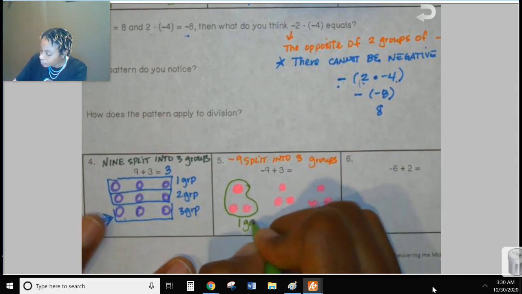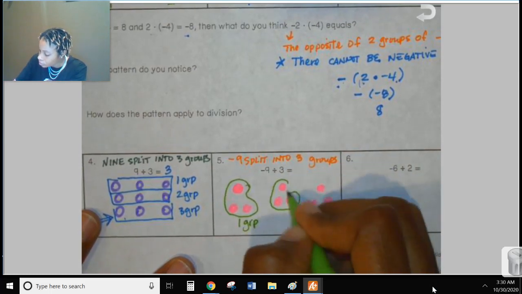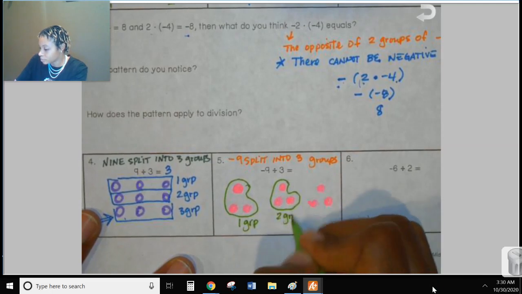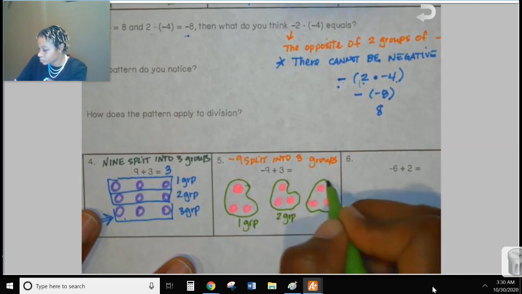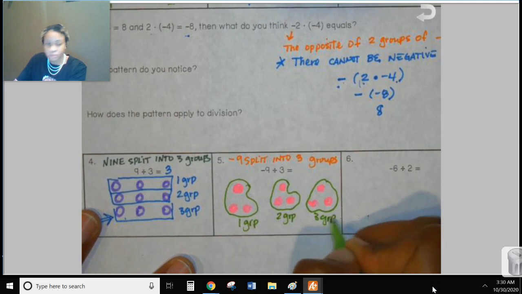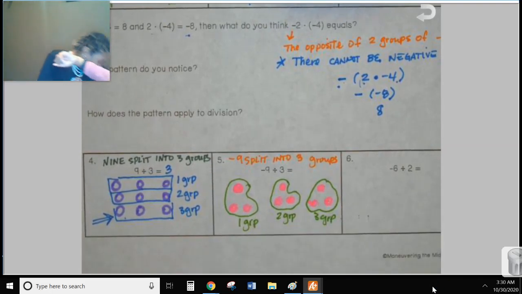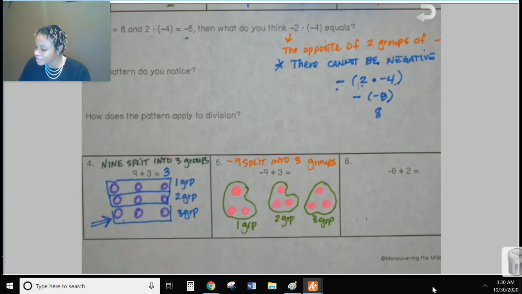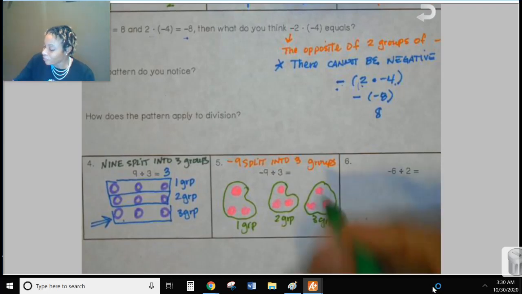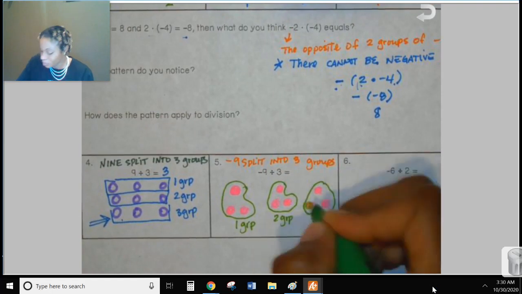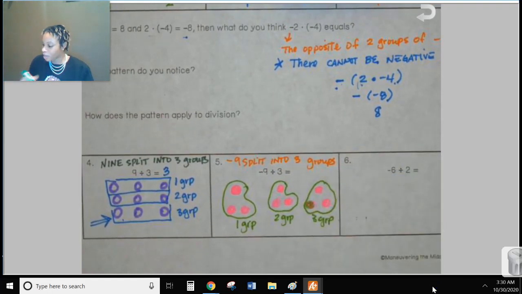1 group, 2 groups, 3 groups. So I have 3 groups. These look weird, like some kind of sciencey amoebas or something, right? So I have 3 groups of 3.